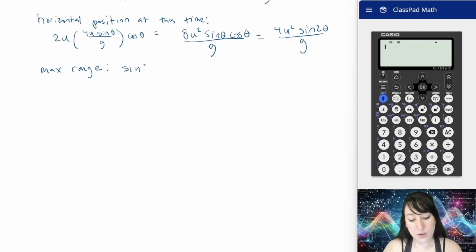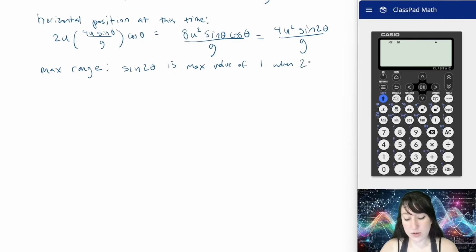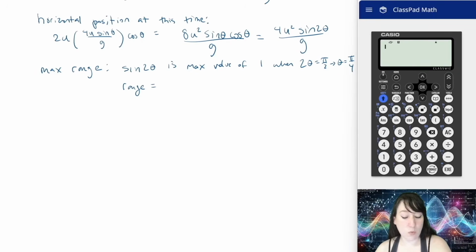So sine 2 theta is a maximum value of 1 when 2 theta is pi over 2, so theta is pi over 4. Sine being 1 in that case, we get 4u squared over g as the maximum possible range.